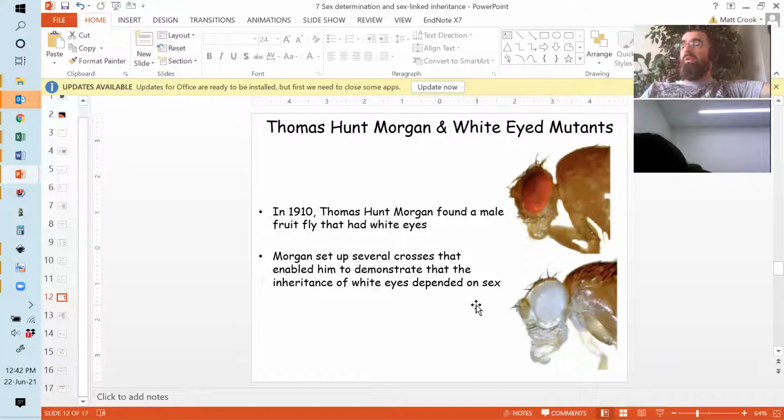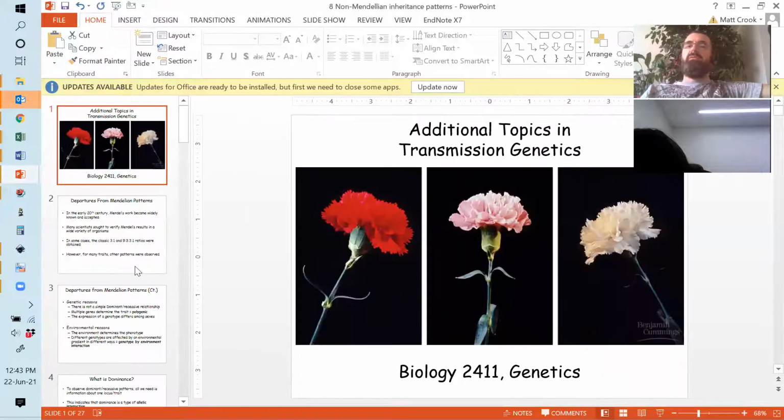So sex linkage was one of the very first examples of inheritance which did not follow Mendelian principles at the time, because he found a gene, the white gene, which was sex linked. Only or predominantly got expressed in male flies. And there are a bunch more, right? So an easy way to say that most inheritance doesn't follow simple Mendelian patterns.